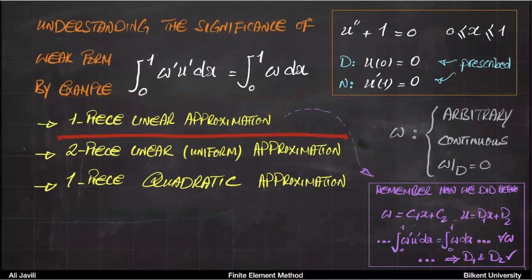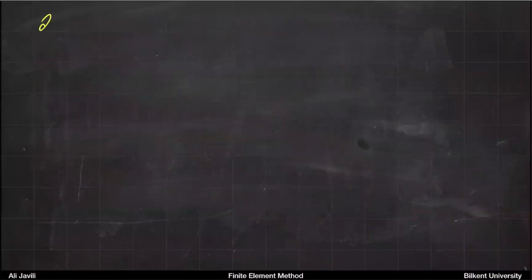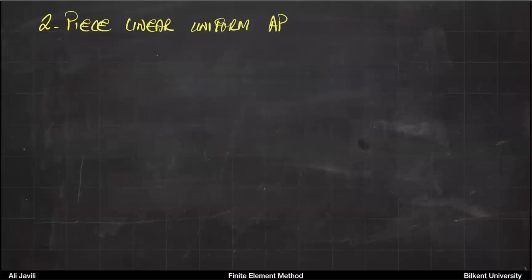Now the next thing I want to do is this two-piece linear uniform approximation using the method that we have now.